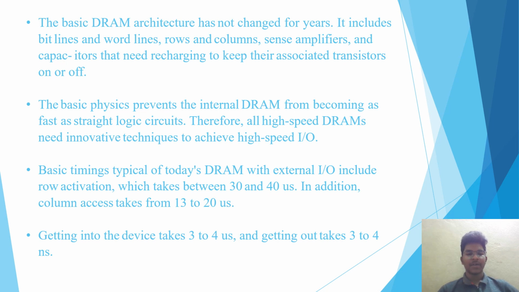Basic timings typical of today's DRAM with external I/O include row activation, which takes between 30 and 40 ns. In addition, column access takes from 13 to 20 ns. Getting into the device takes 3 to 4 nanoseconds and getting out takes 3 to 4 nanoseconds.